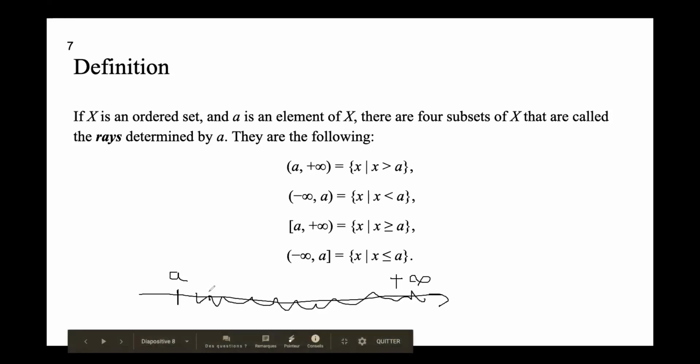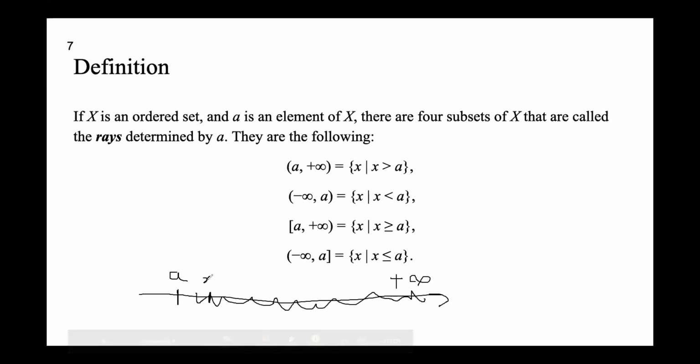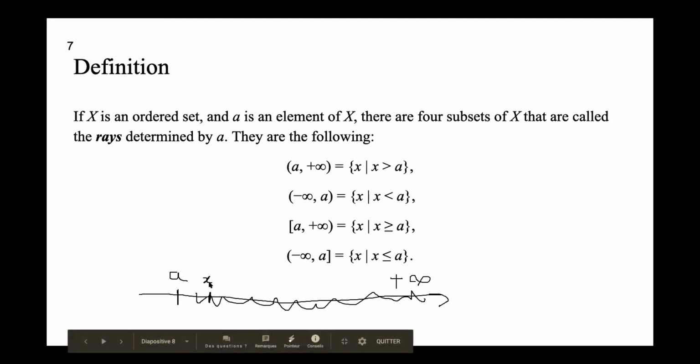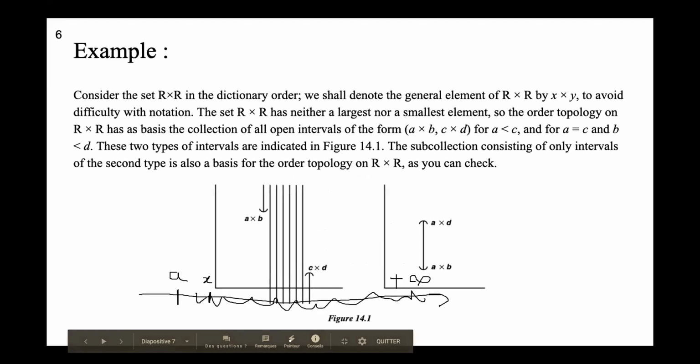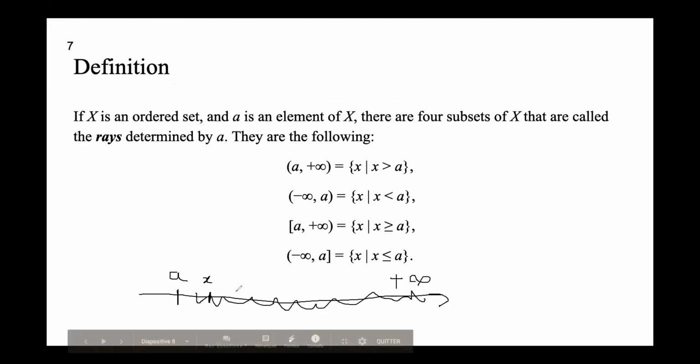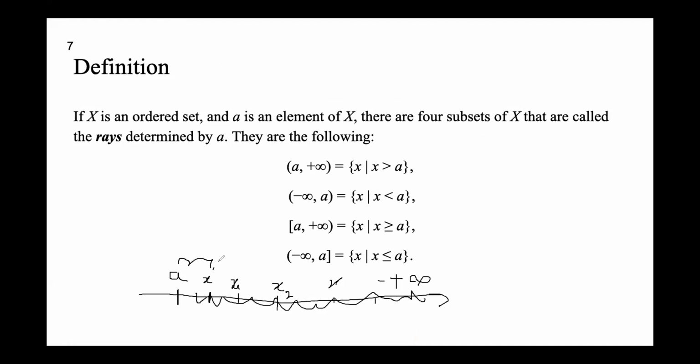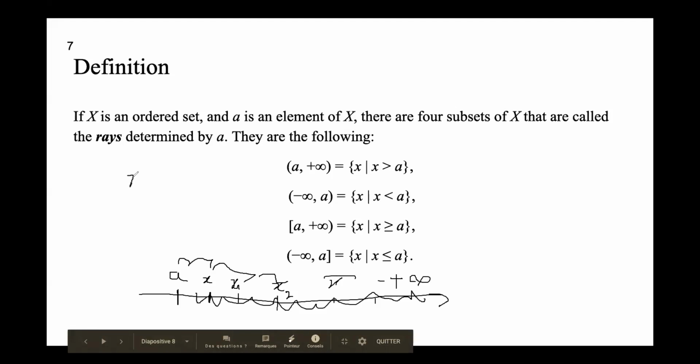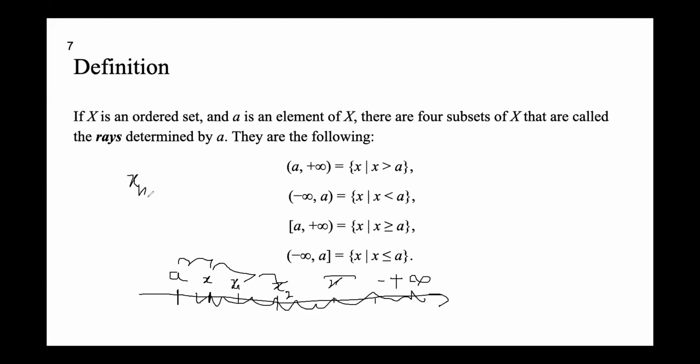Let's say X0, X1, X2, and so on. So this open ray would be the union of this set and this set and this set, and Xn for every n would be greater than A.